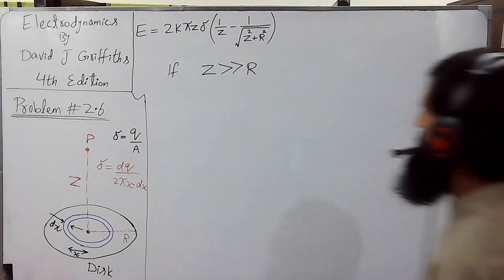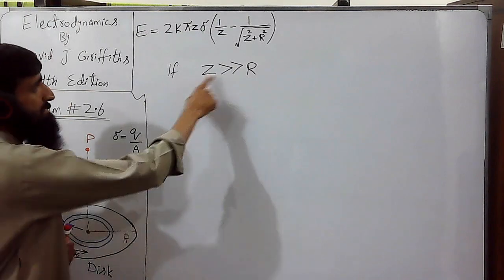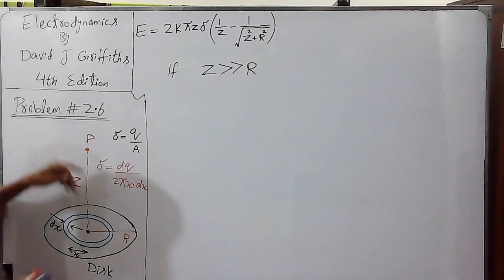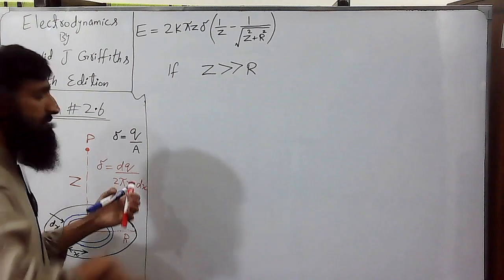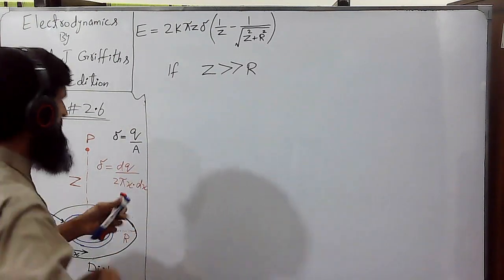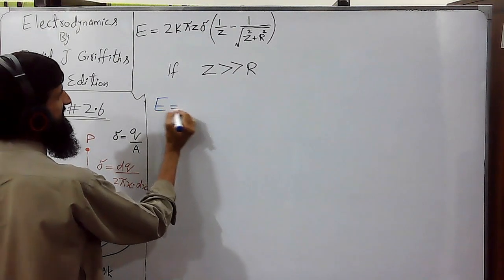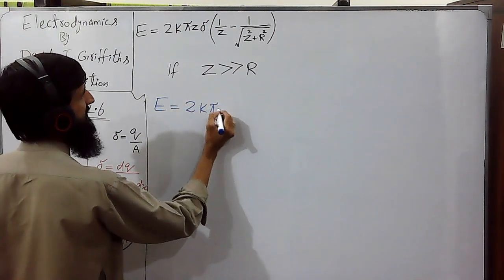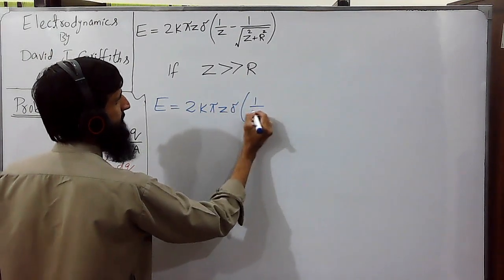Now let us discuss this special case in which z becomes very very greater as compared to r. That means this point P gets very very far away from this disk. Now let us see what the electric field will be in that case. So again this expression can be modified as 2k pi z sigma 1 by z.